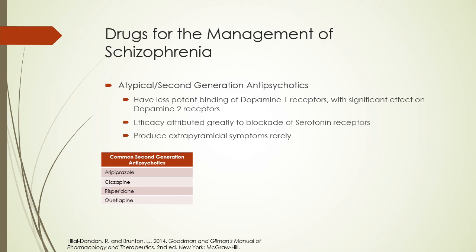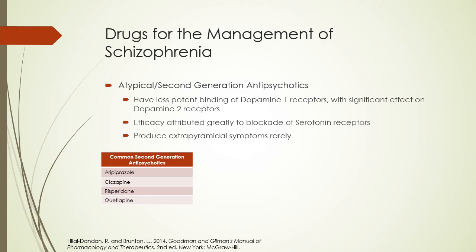And if there is one thing that you should remember for second generation antipsychotics, they block serotonin receptors and dopamine receptors. Because there is less potent binding to dopamine 1 receptors, the occurrence of extrapyramidal symptoms is rare.